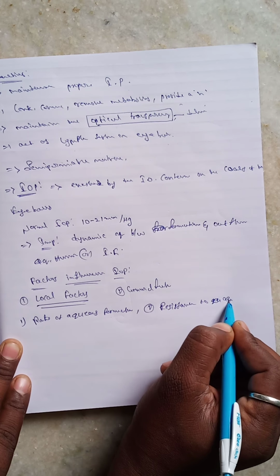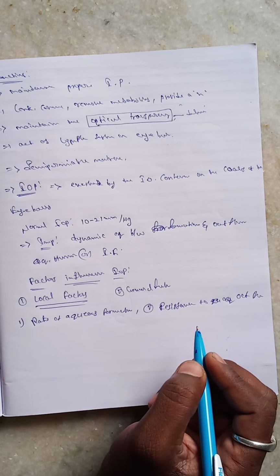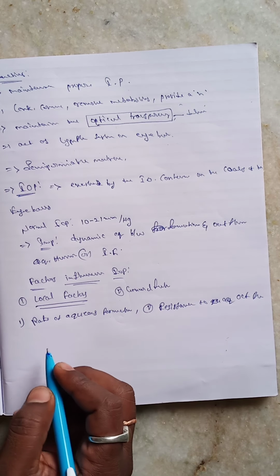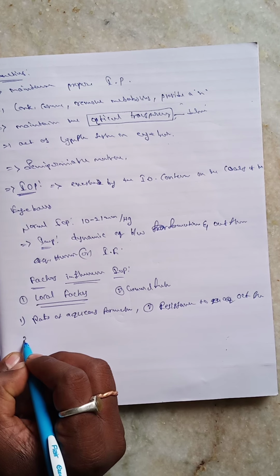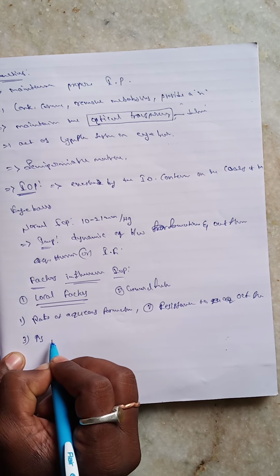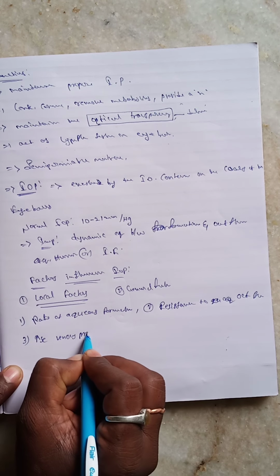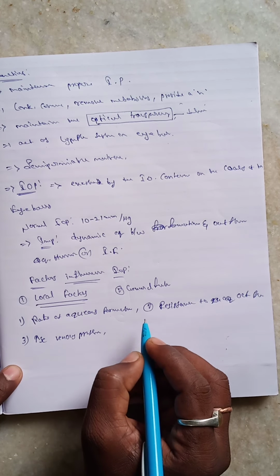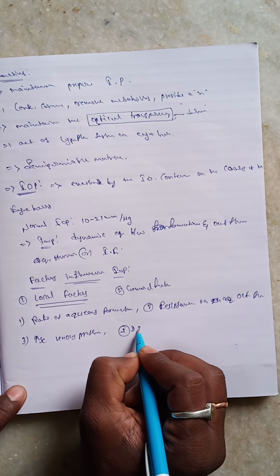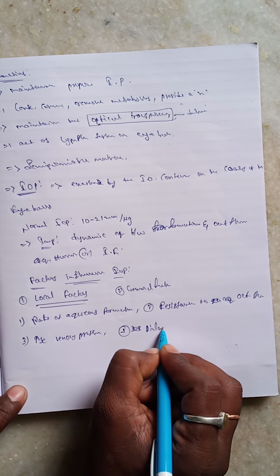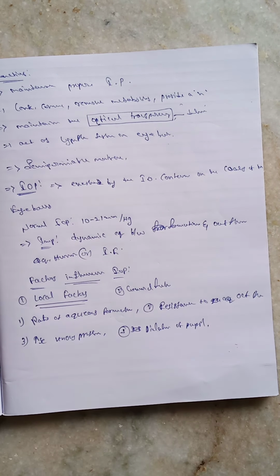The next one is increased venous pressure. And the next one is dilation of the pupil. These are the local factors.